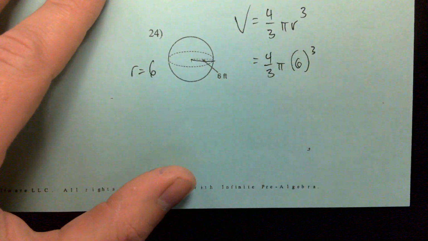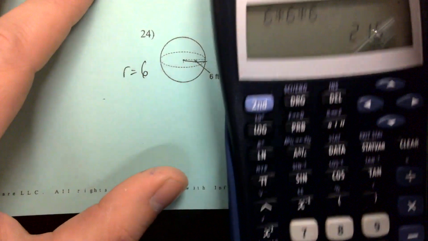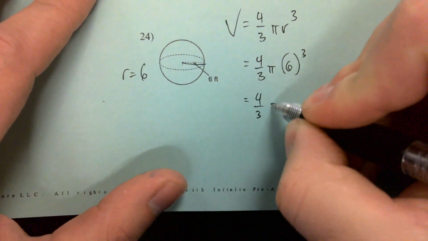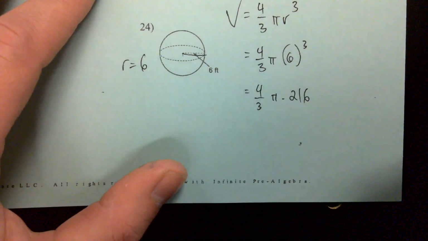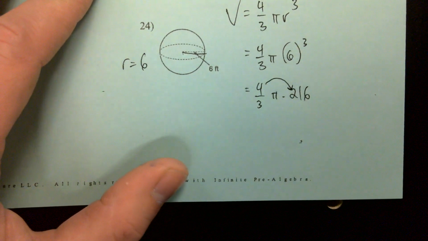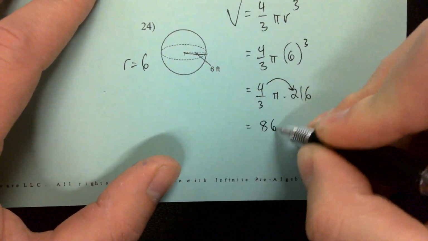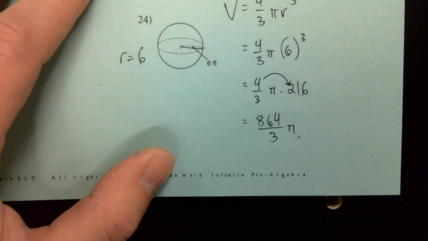Okay, so we plug in 6 for r. 6 times 6 times 6 gives me 216. Right? We're going to multiply 4 times 216 to get 864 over 3 pi.